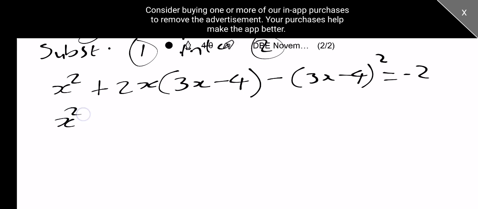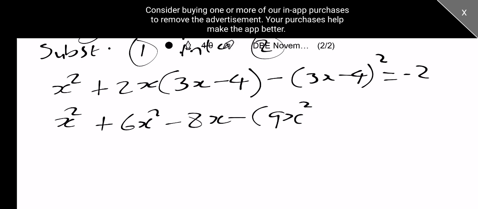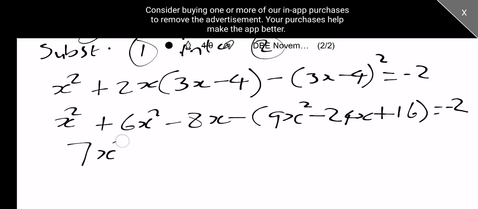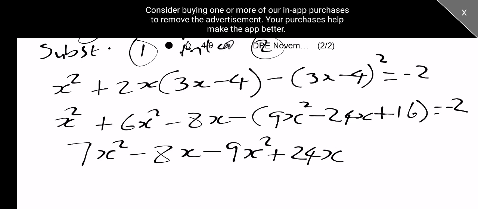Simplify. x squared plus 6x squared minus 8x, minus into 9x squared minus 24x plus 16 equals negative 2. We're also simplifying here: 7x squared minus 8x minus 9x squared plus 24x plus 16 equals negative 2.